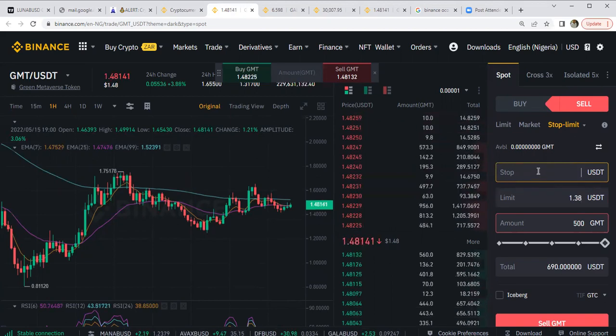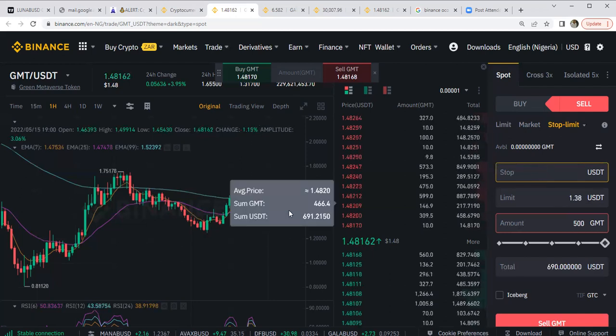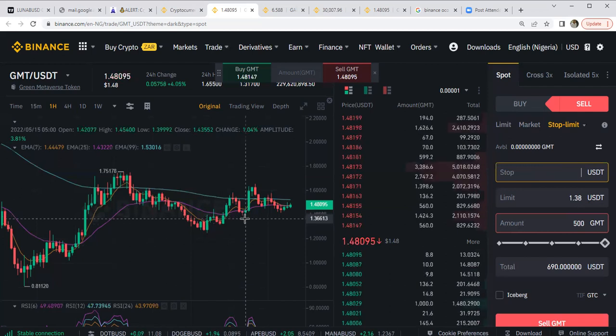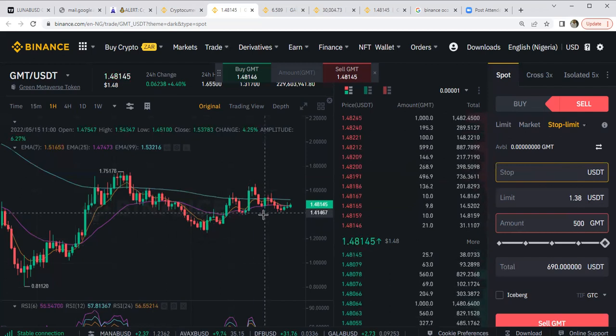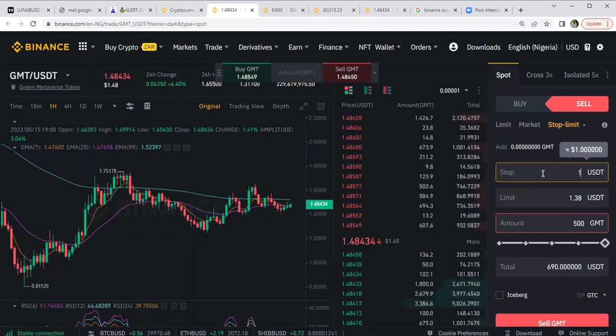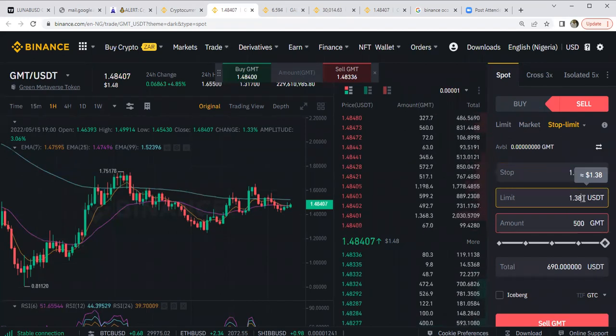It will post your sell order when the price reaches what you put at the stop. This is a support at 1.41, so you need to put it down here. Then you put 1.38 for the stop, and 1.36 or 1.37 for the limit.